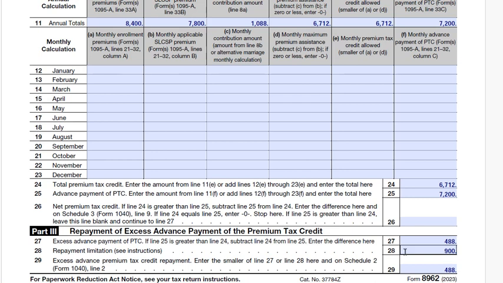And so line 28 is 900, and then line 29 is the smaller of line 27 and line 28, which is 488. So this is the amount that the government overpaid for the health insurance premium. And now we need to take this figure of 488 and go to Schedule 2 and enter it on line 2.